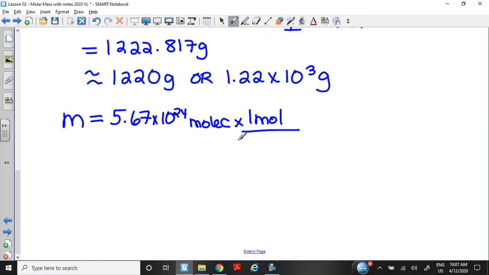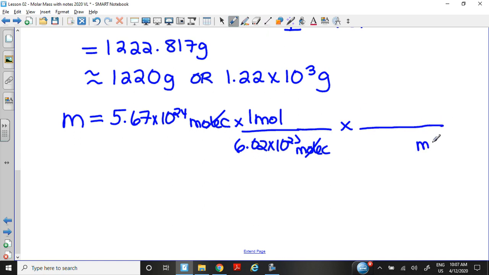So 1 mole per 6.02 times 10 to the 23 molecules. But instead of stopping there, you can put on your next conversion, which is the one with molar mass. So if we take a look at our units, molecules and molecules are gone. And our next one, we have moles on the top.